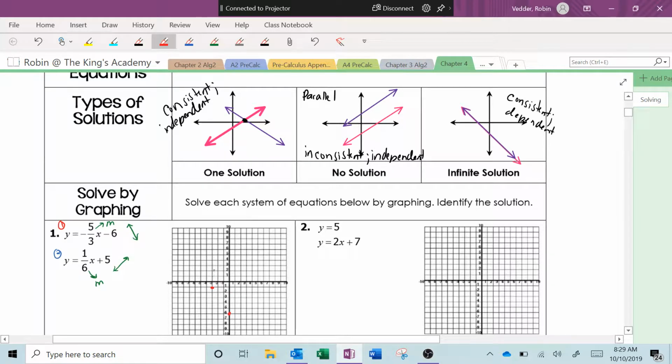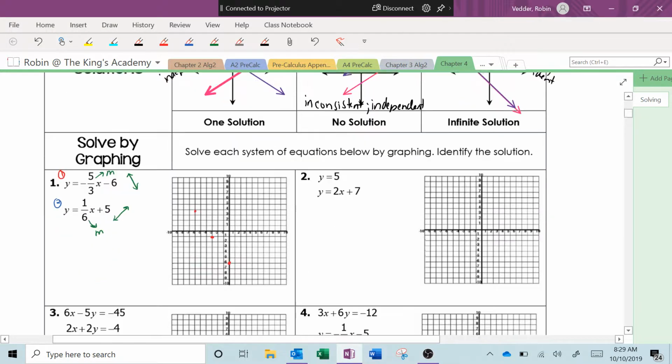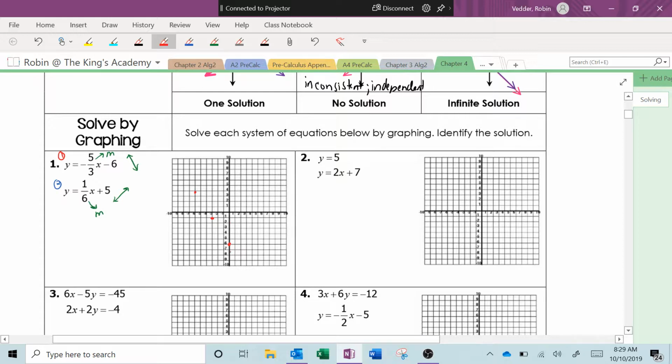Rise 5, run 3. And so here's our first line.